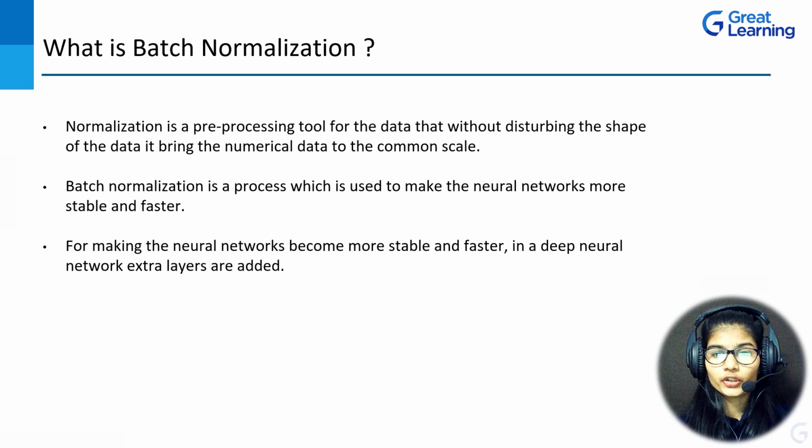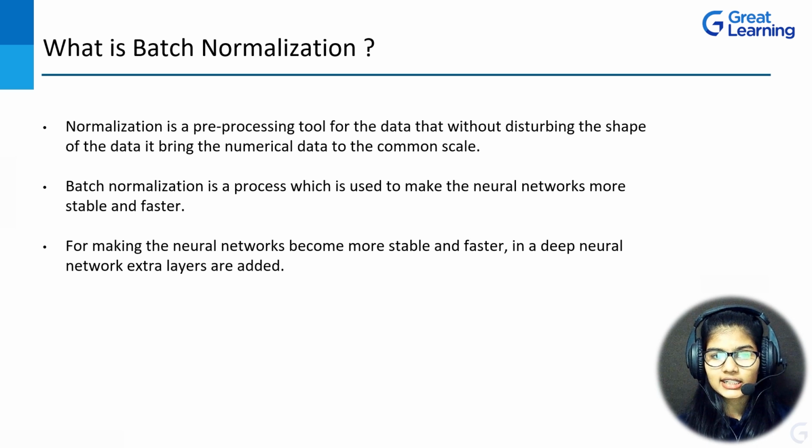Yes, batch normalization is a process used to do so, right? Normalization converts your numerical data into a common scale without disturbing the shape, and batch normalization helps you make your neural networks more stable and fast, right?